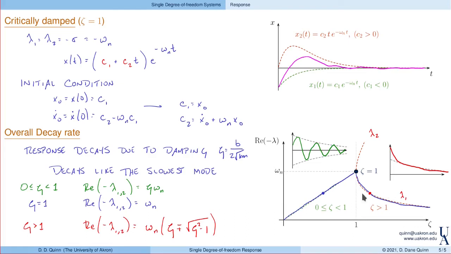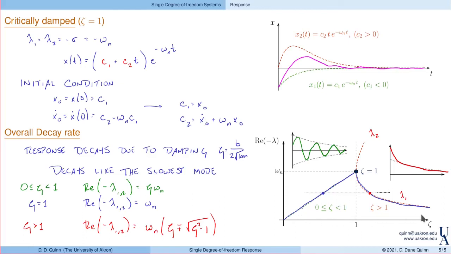And here I will note that for a desired decay rate, there are actually two values of damping that give you that decay. One happens to correspond to an underdamped system. So again, there's not a whole lot of damping, and you don't decay very rapidly. And the second corresponds to an overdamped system. There's so much damping that it takes a while to get back to the equilibrium position.